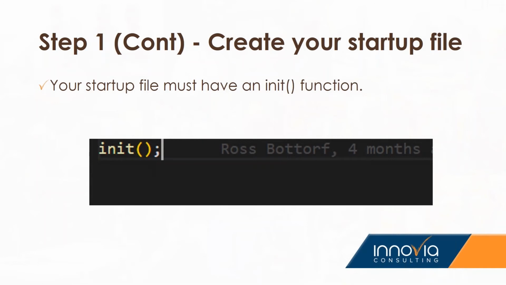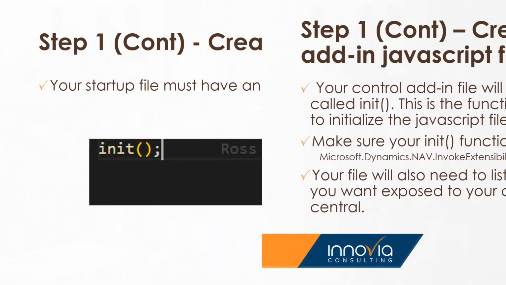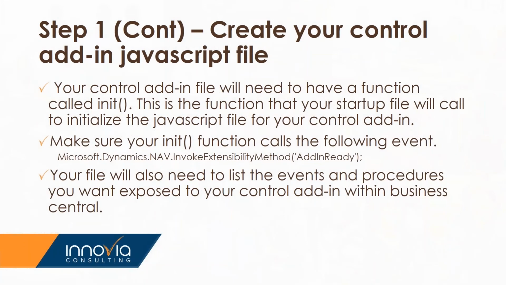Okay, there is going to be a startup file. You will want to give it an init function. And then there's going to be your control add-in JavaScript file. It will also need an init function, and it will need the methods that you're going to use to communicate back and forth between Business Central and the control add-in. And we'll go over that in more detail in a little bit.